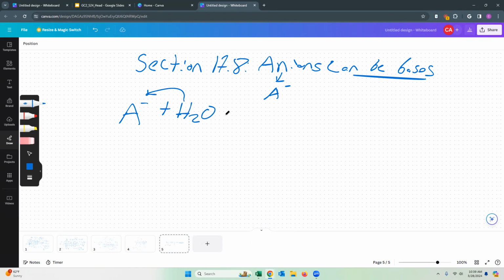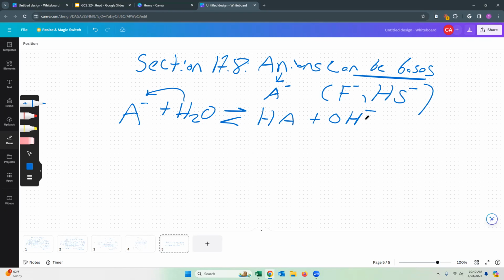It takes a hydrogen from water to make HA plus OH minus. A real life example would be like F minus or HS minus.